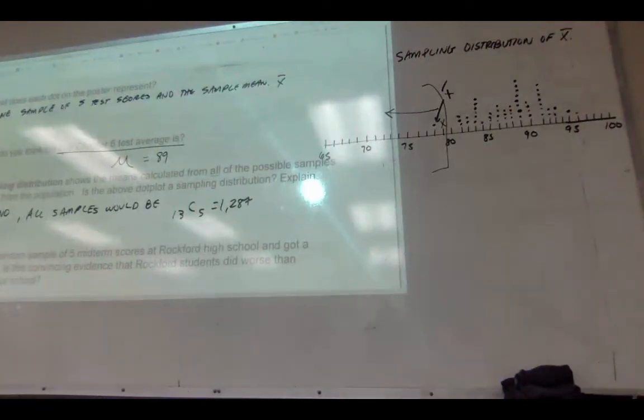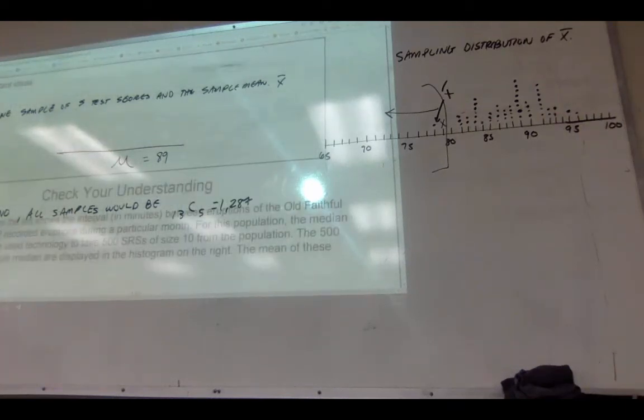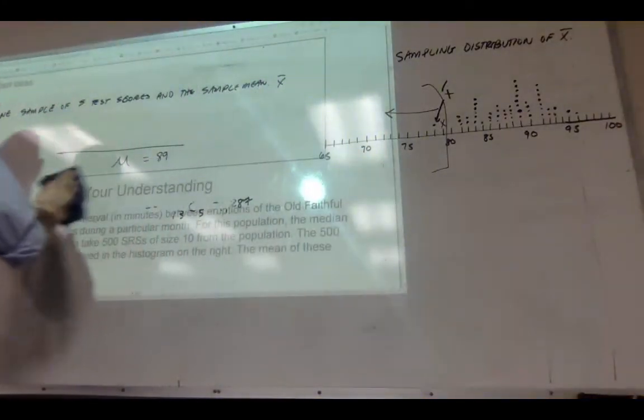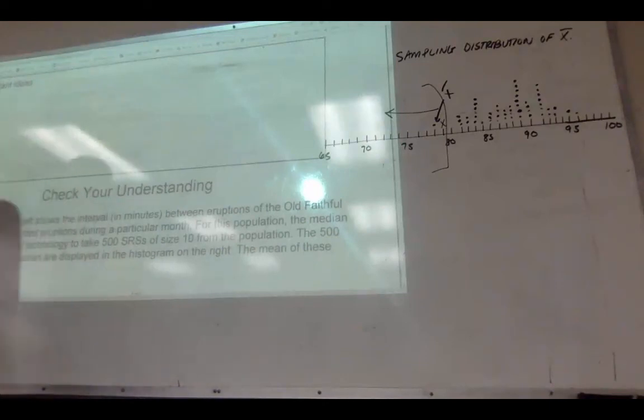So what we have in our sampling distribution, this is beautiful, is called an unbiased estimator. We're always evaluating the likelihood of it happening by chance versus what actually happened in our sample.